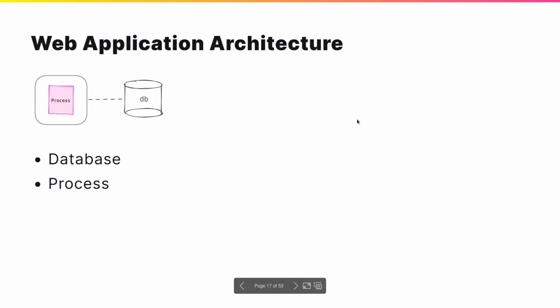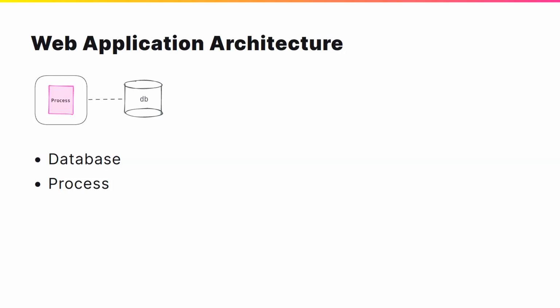Django, Flask, and a lot of other web frameworks usually use some kind of web server to respond and process requests from the web. So we have a database and we have a process that can accept requests and process them.